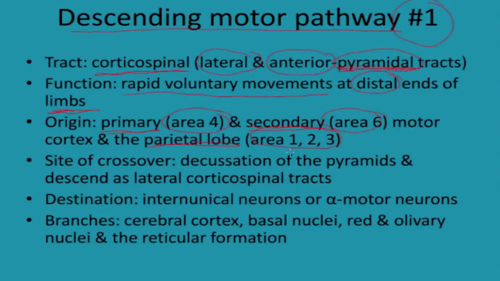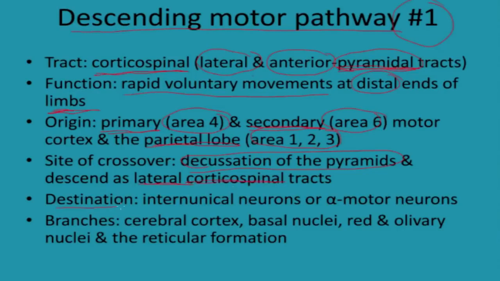This tract does not go through the thalamus, however it passes close to it in the middle 3/5 of the basis pedunculi. It then goes on to the midbrain and the pons, and in the medulla oblongata, it crosses at the site of decussation of the pyramids, just here. And then from then on, it descends as the lateral corticospinal tract.